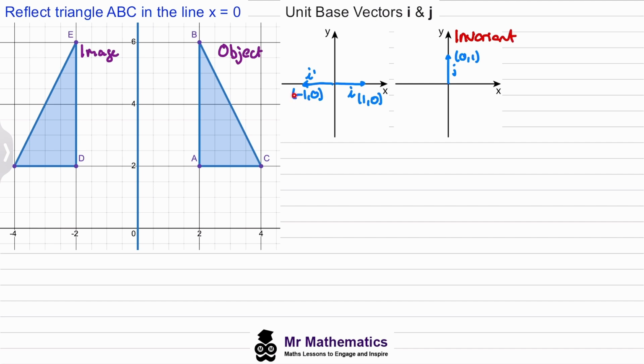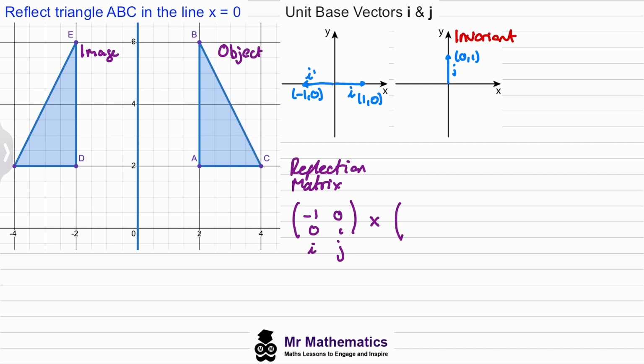And it is these transformed coordinates for i and j that give us our reflection matrix. So this is -1, 0 for our i coordinate and 0, 1 for our transformed j coordinate. To create the image, we multiply this reflection matrix by the coordinates of each of the vertices in the object.